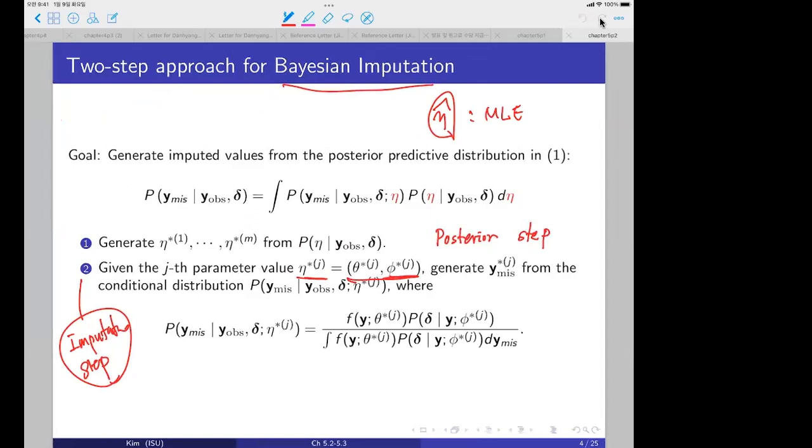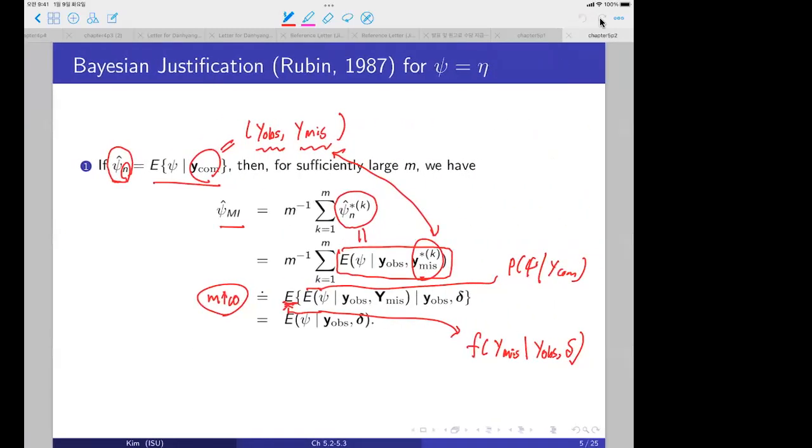Can we derive the conditional distribution without the prior or posterior data? If we don't assume that data has a prior, we still use this kind of imputation.